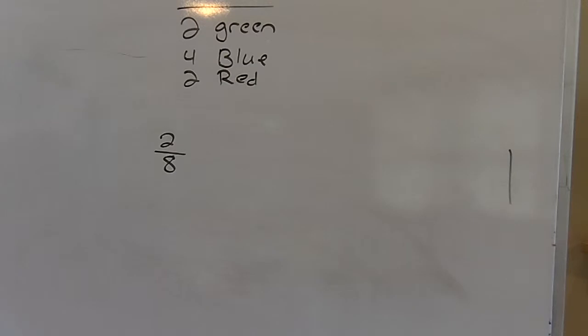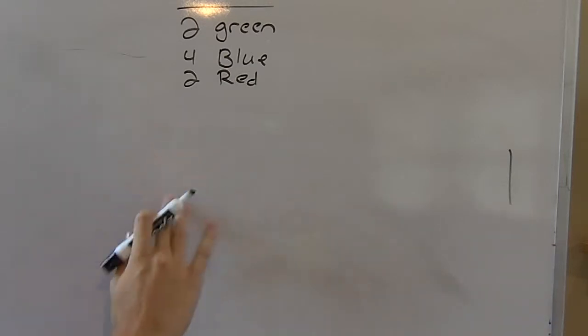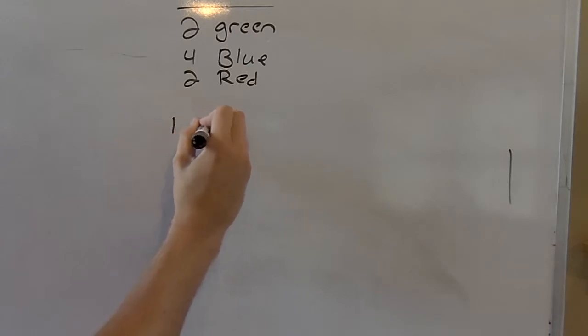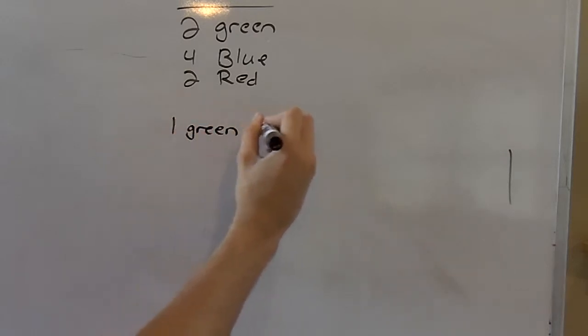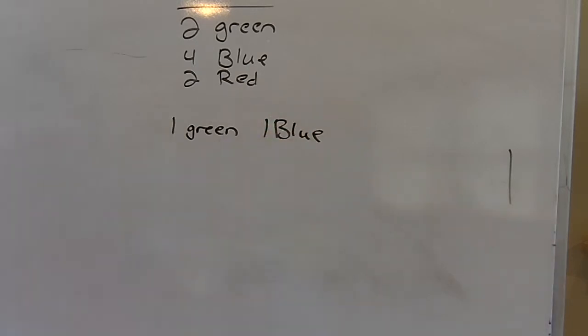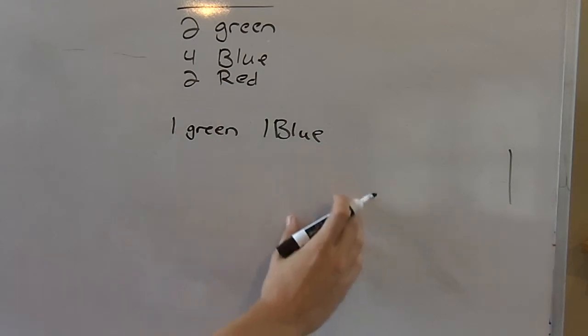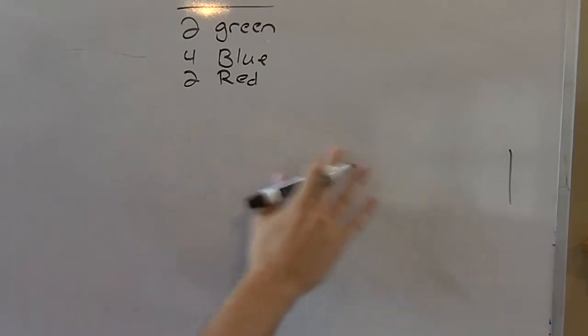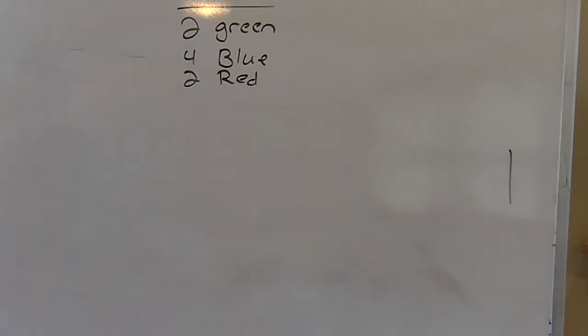Okay? So let's say I would like to know the probability of pulling 1 green and 1 blue. What I am going to do is I'm going to find the probability for each event individually. So I'm going to find what is the probability to pull 1 green out.